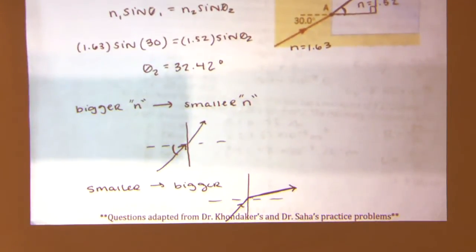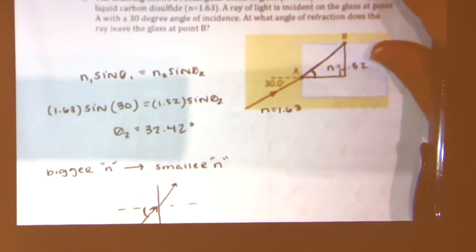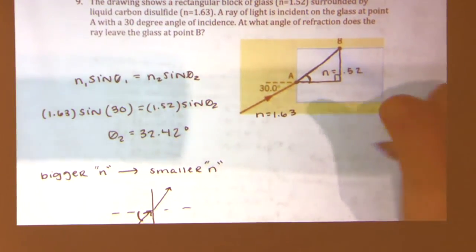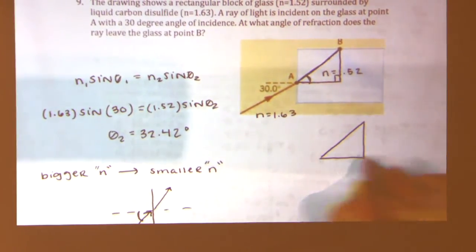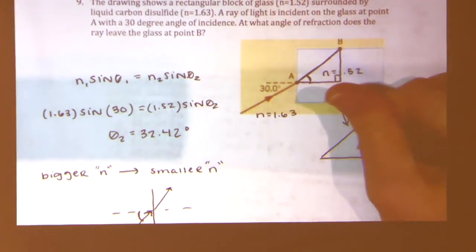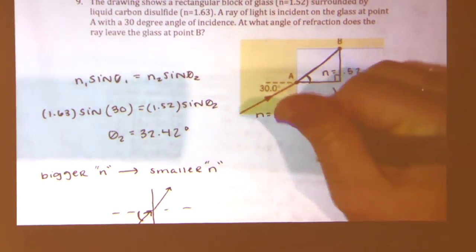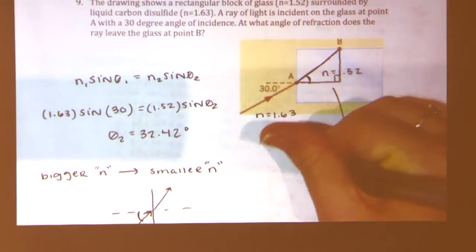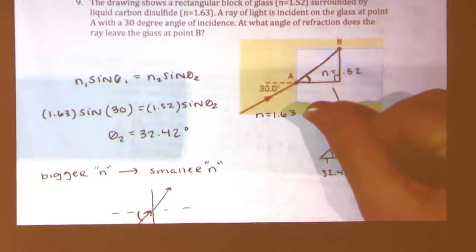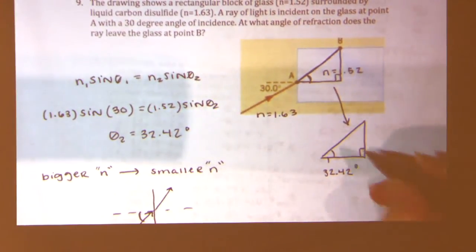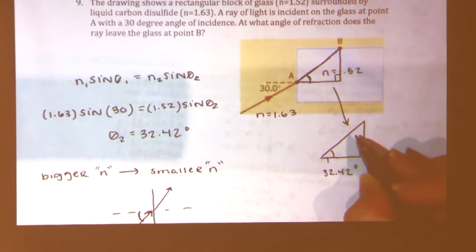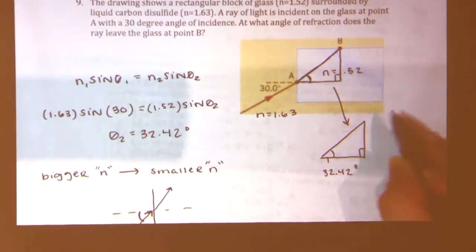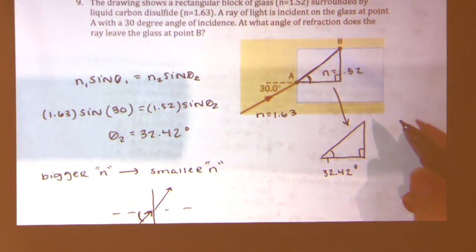So after that side note, going back to this, we found theta 2, and I'm going to redraw this triangle out here, because it'll just be a little clearer. This is the same triangle, where we have our 90-degree angle. This angle right here is 32.42 degrees. So we need to find this angle up here, because this is going to be the angle that the ray of light is leaving the glass.